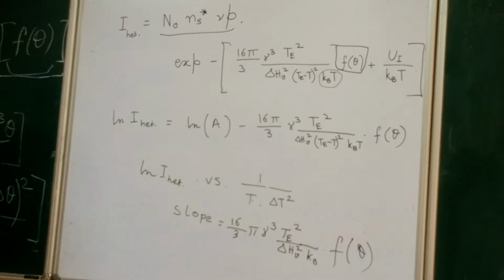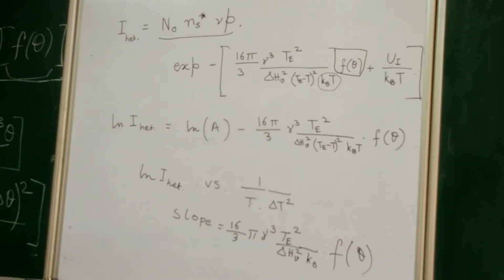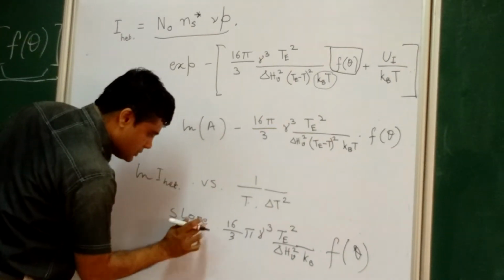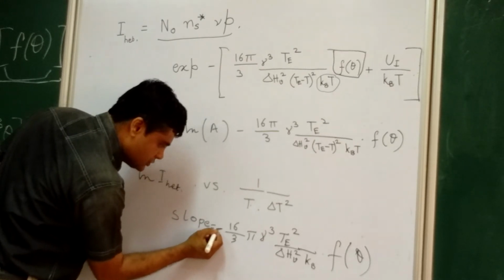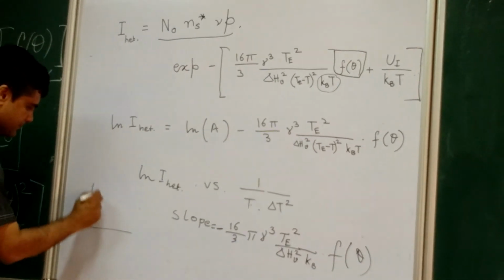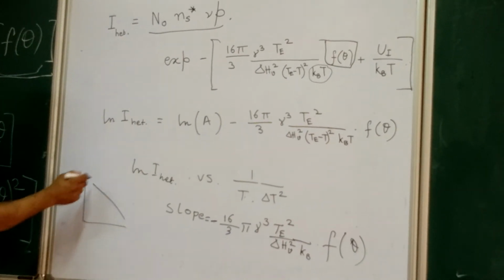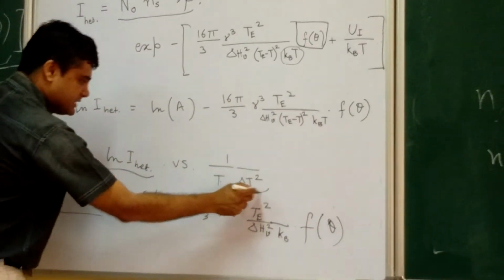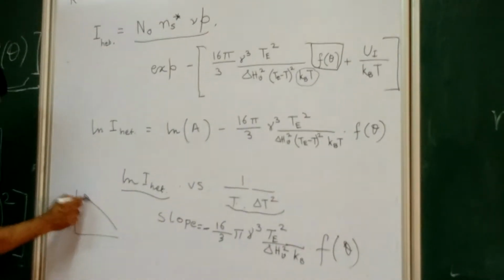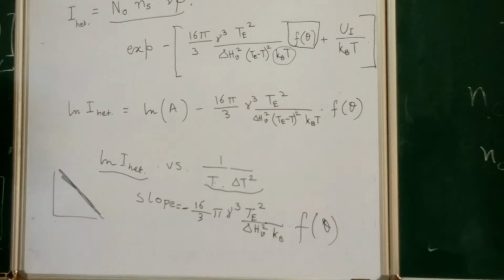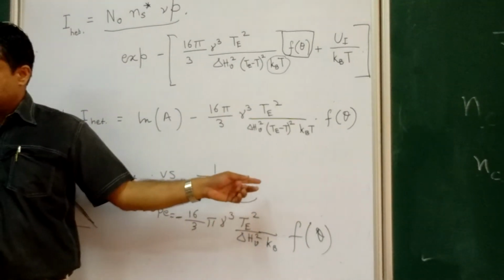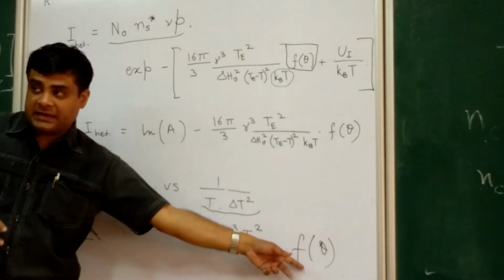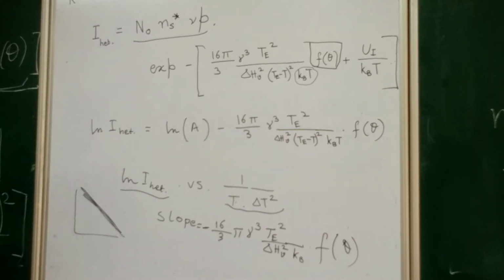So negative of this. It is a linear plot, with this on the y-axis and this on the x-axis, of negative slope. The slope is given by this, and it contains the F theta term.